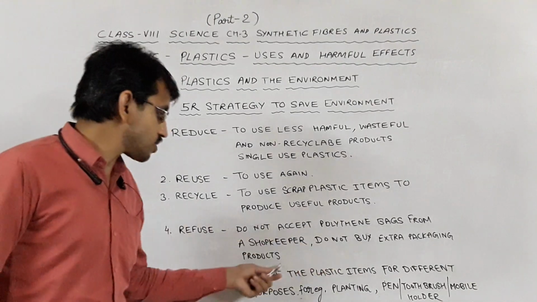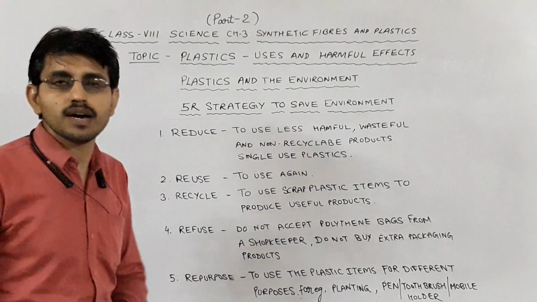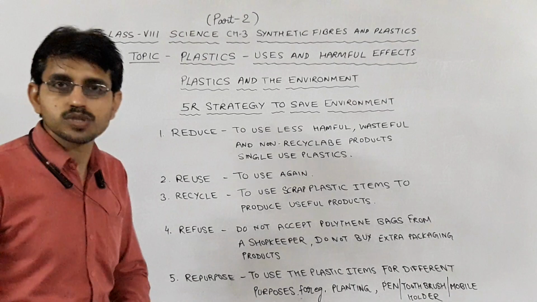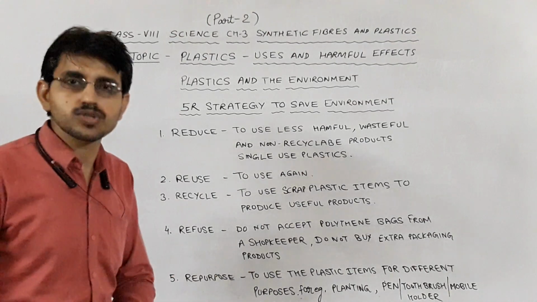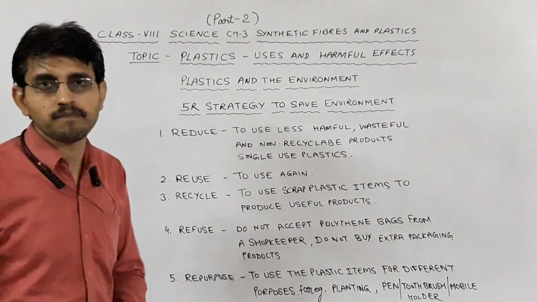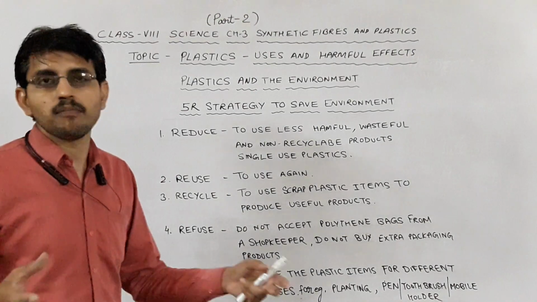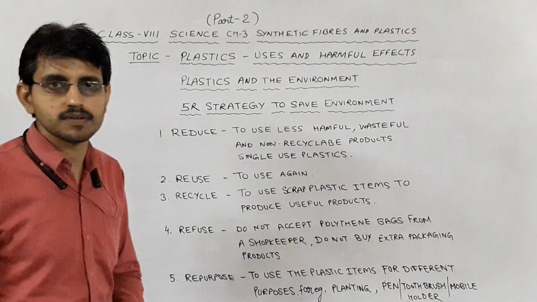And do not buy extra packaging products. Extra packaging companies generally wrap the items in plastic bags and plastic containers. So purchasing of such items which involve extra plastic packaging should be avoided, should be refused. If every customer starts doing this, then the companies will go for some other measures for packing materials.